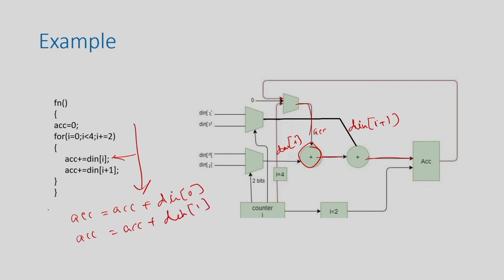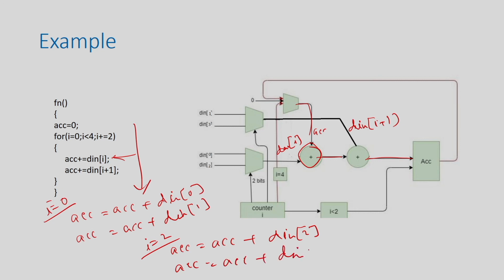This is when I equal to 0, then my I will be 2. So, for when I equal to 2, what I am doing is ACC equal to ACC plus D in 2 and then ACC equal to ACC plus D in 3, right, and I am done.